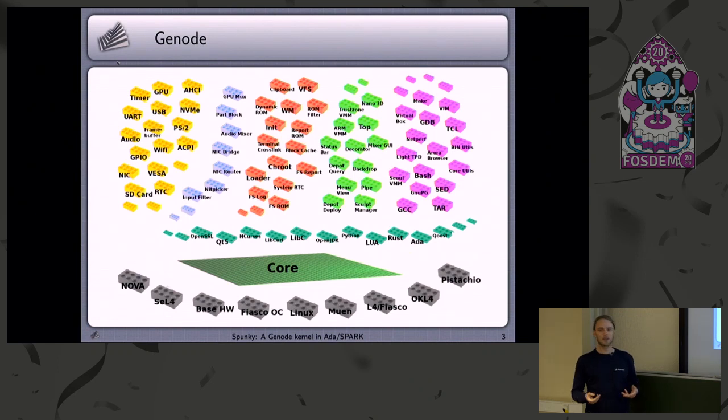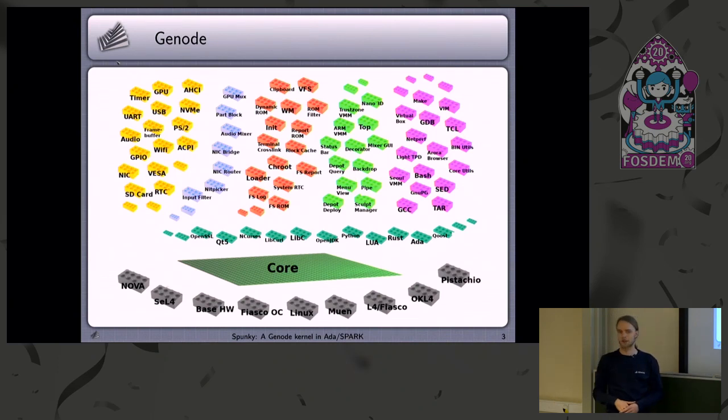On top of that, we have the first component of Genode: the core. What core does is translate from all these different kernel interfaces to the generic Genode API abstraction, so that every component can run on top of it. Generally it is kernel agnostic.